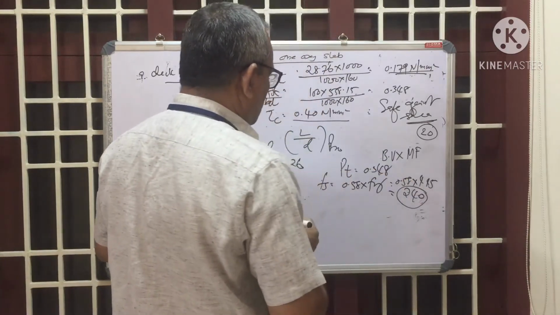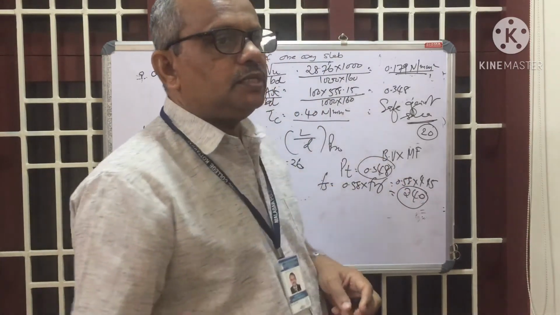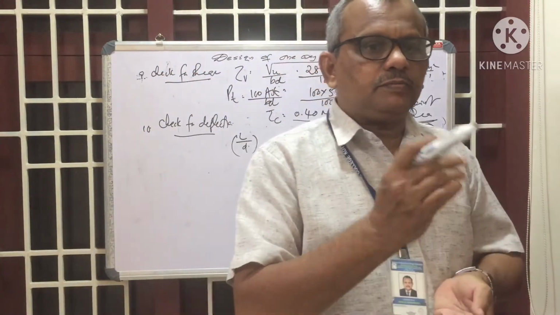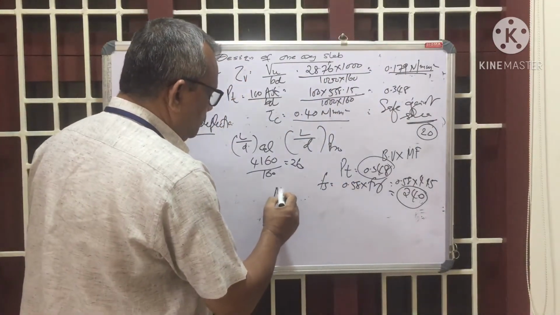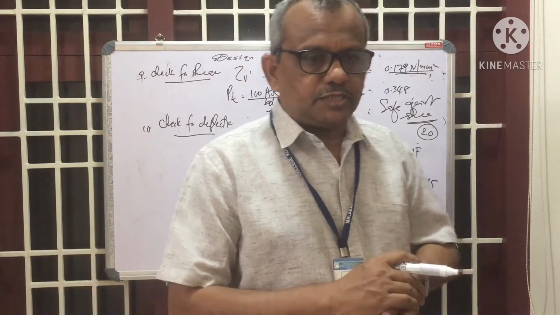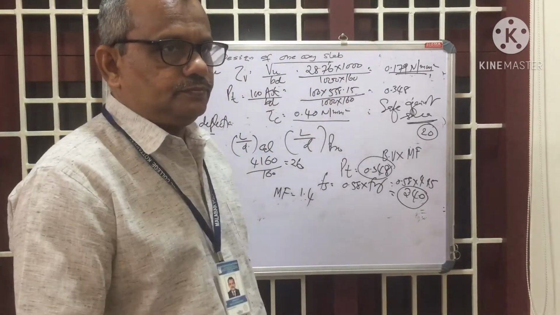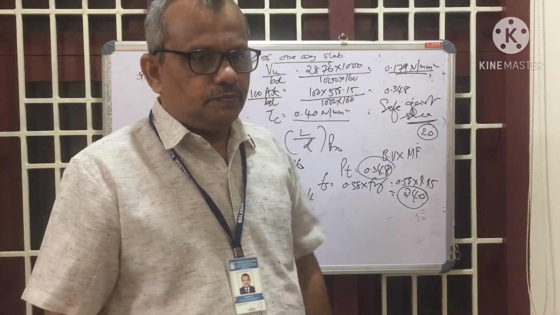Based on this 240 and the PT value 0.348, from figure 4 you will get the MF value, the modification factor, 1.4 from the graph. So check that from the code, it is 1.4.